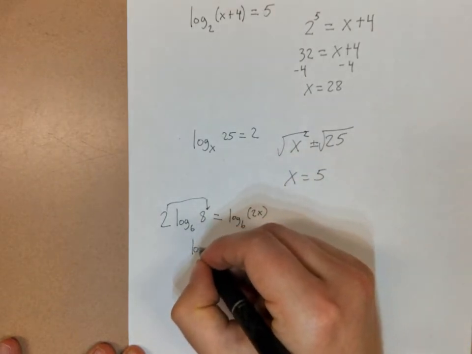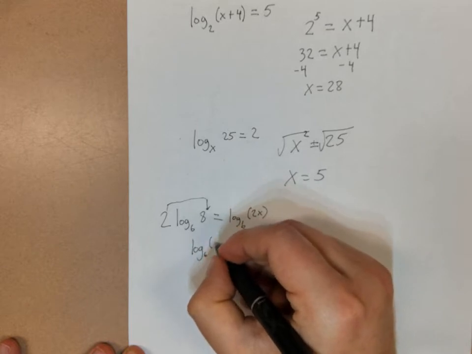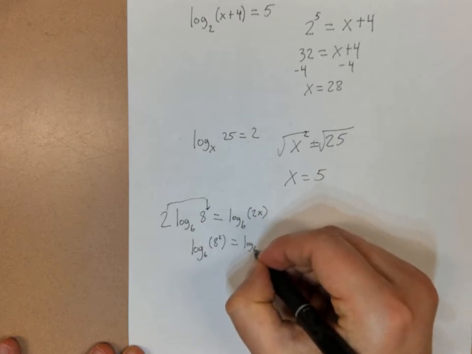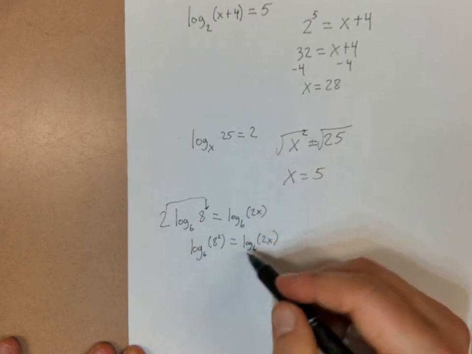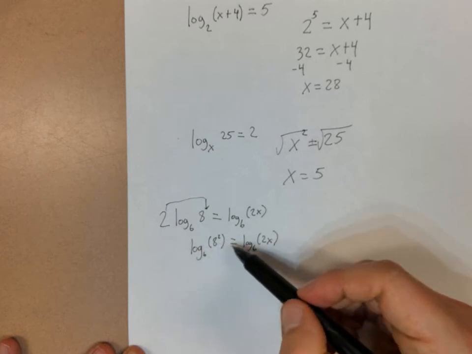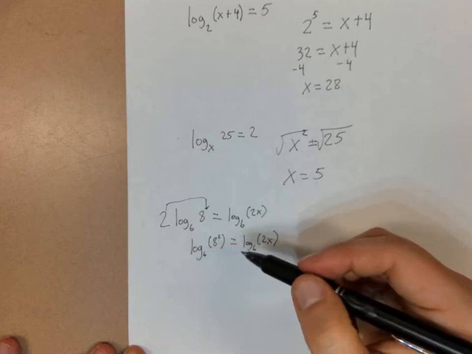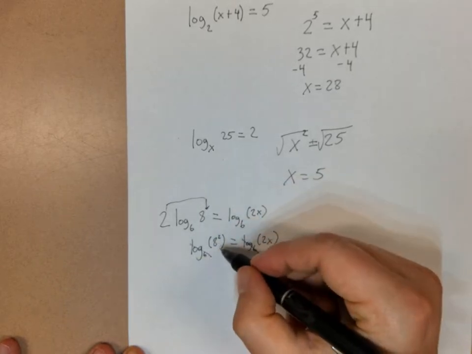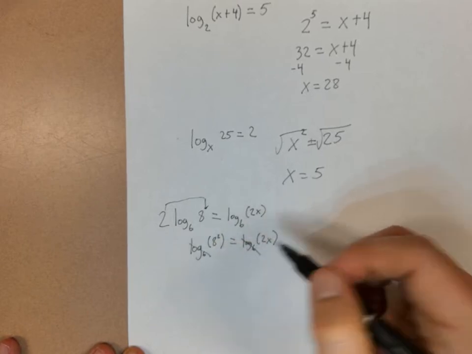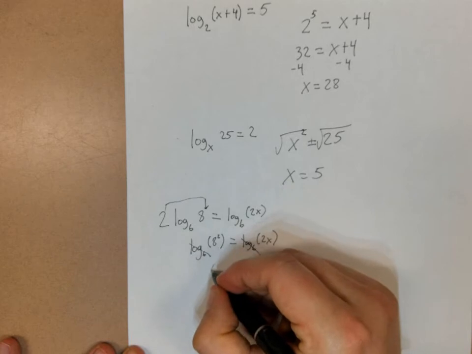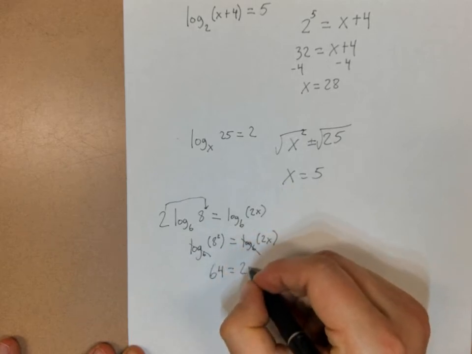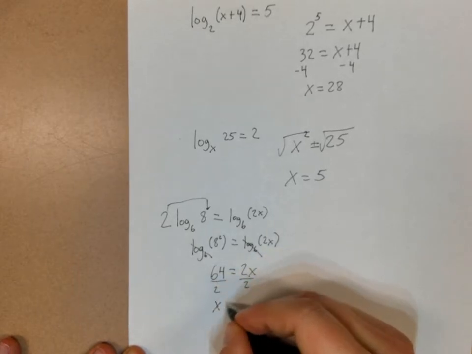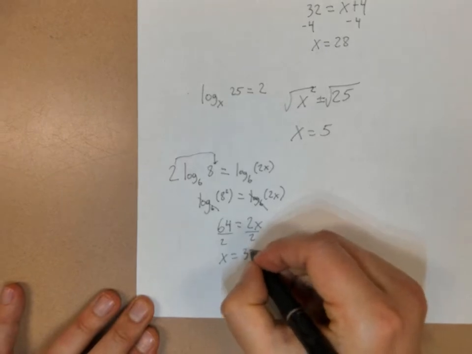So I can write log base 6 of 8 squared equals the log base 6 of 2x. Whenever you have a log of something equals a log of something with the same base, you can just drop those logs, because whatever's on the inside has to be equivalent to each other. So you end up with 64 equals 2x, and then I can divide both sides by 2 and I'll get x equals 32.